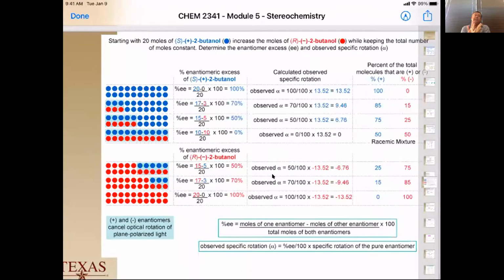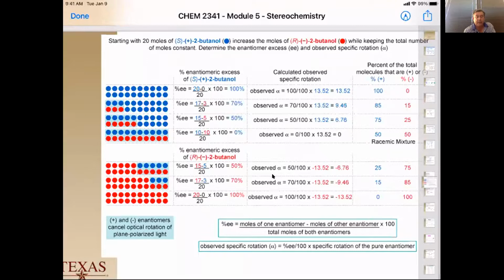So the calculation seems a little funny, but let's go through a couple different examples to show you that it's all about how much was excess that's giving us that rotation. The 10% cancels out 10%, and then whatever's left over does the rotation. So that's why it's always called enantiomeric excess.